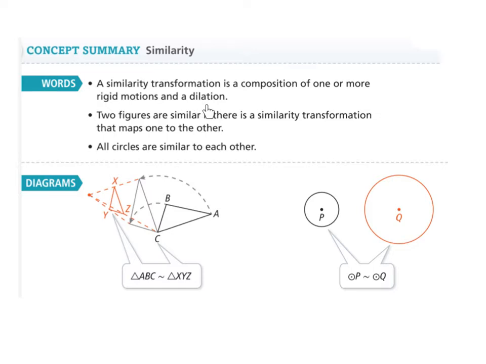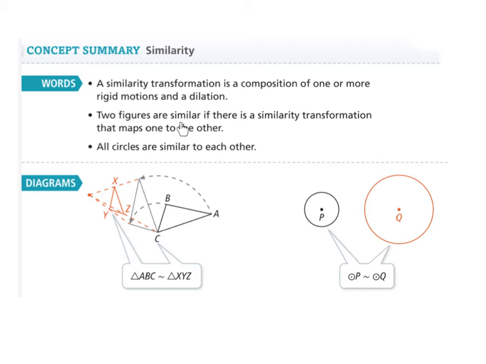They have that common scale factor, where all the lengths get multiplied by the same amount. If it's an enlargement, it gets multiplied by something bigger than 1. If it's a reduction, they get multiplied by something between 0 and 1, which has the effect of reducing the length. So we perform these rigid motions, and then we perform a dilation. That's called a similarity transformation.